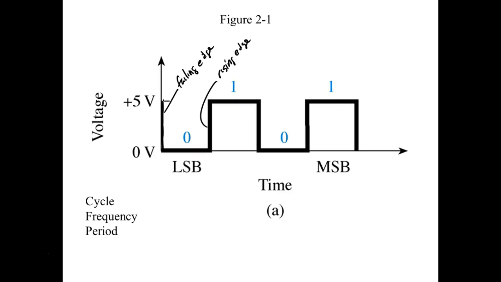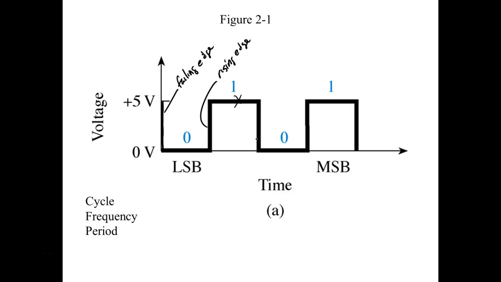We have different devices that we synchronize. We're not going to synchronize with a level, we're going to synchronize with an edge, because the level could vary. So we have devices that are negative edge triggered or positive edge triggered. If it was a positive trigger device, we would reference the rising edge. If it was a negative trigger device, we'd reference the falling edge.